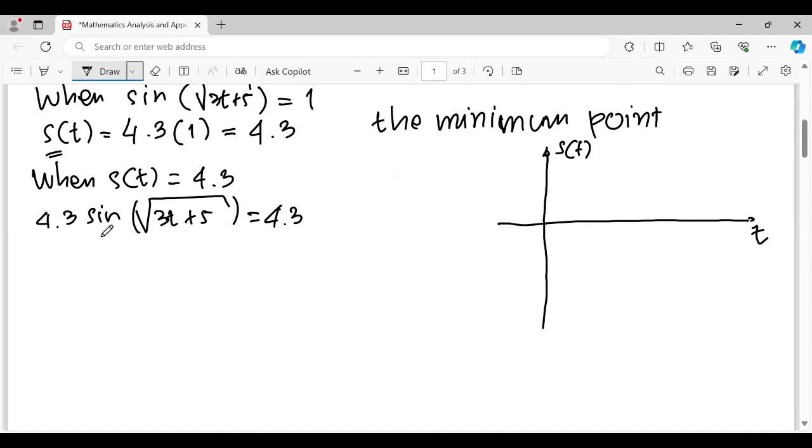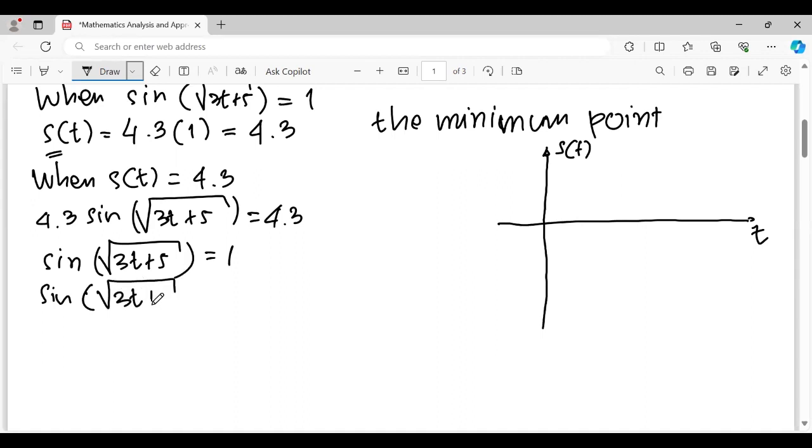So 4.3 divided by 4.3 equals 1. So it will be sine square root of 3t plus 5 equals 1. 1 is sine of half pi, so it will be like this, plus 5 equals sine half pi.